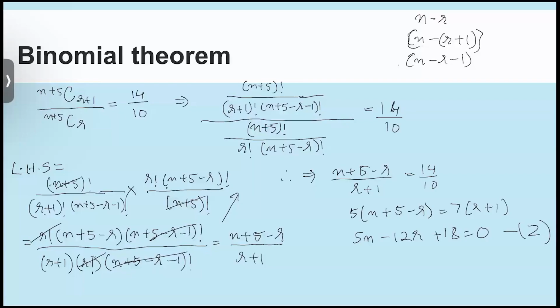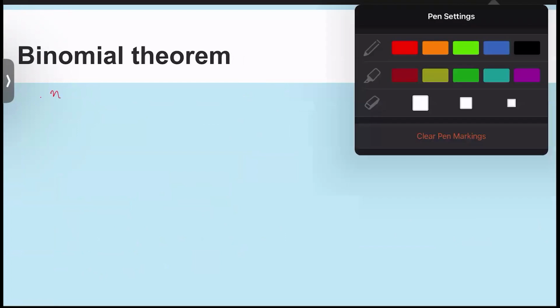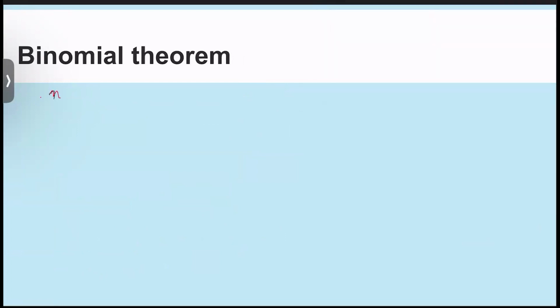Let's just add a slide. Our first statement was n is equal to 3r minus 6, and the next one is 5n minus 12r plus 18 is equal to 0.